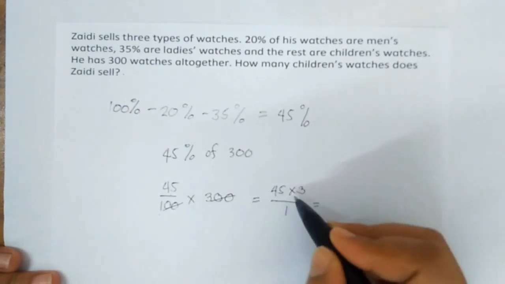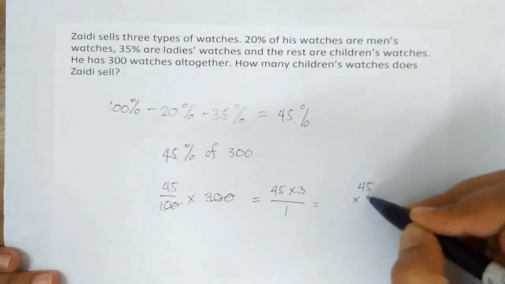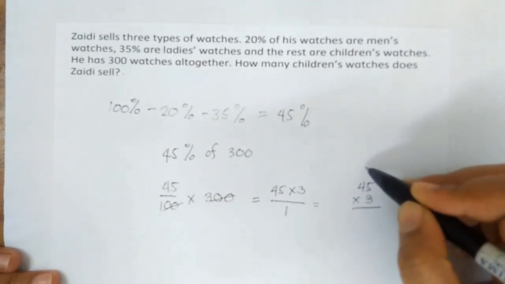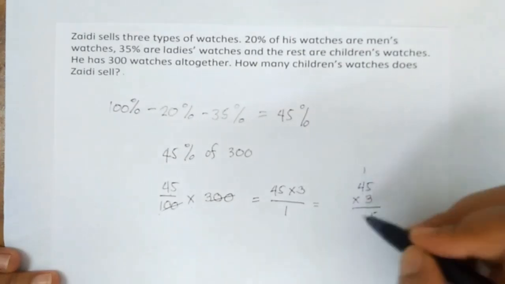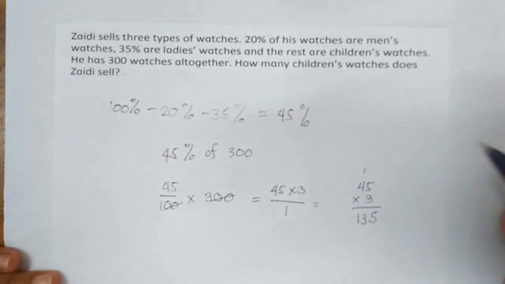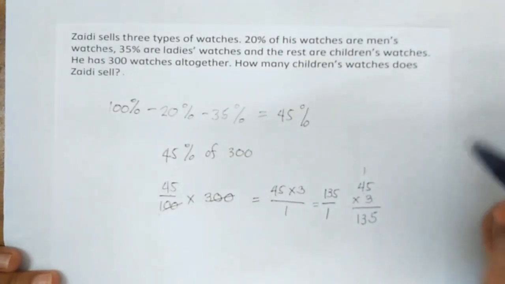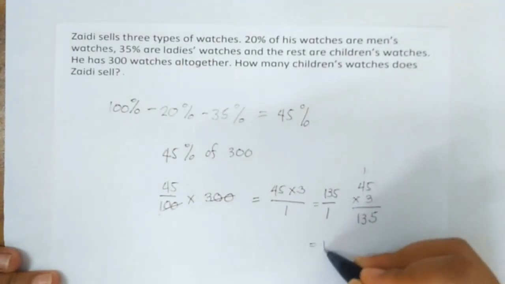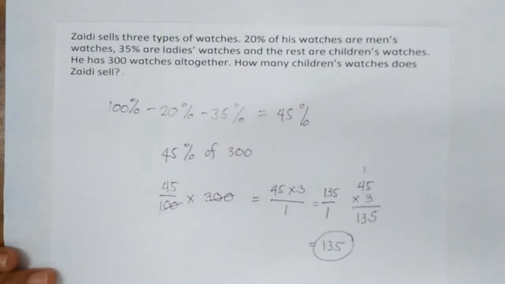So just multiply the numerators. 45 times 3, 5 times 3, 15, 3 times 4, 12, plus 1, it's 13. So we have 135 over 1 is simply 135. There are 135 children's watches.